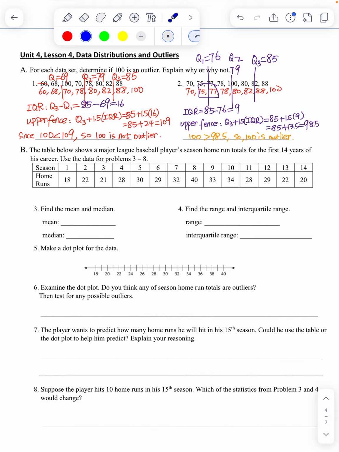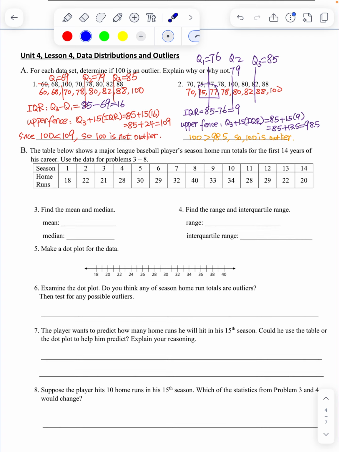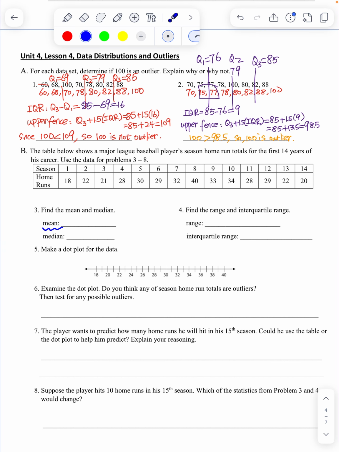First, we have to rearrange all the home runs. Maybe we can figure out the mean first. Add up all the numbers together and divide by 14. Okay, we are going to add all these 14 numbers together.